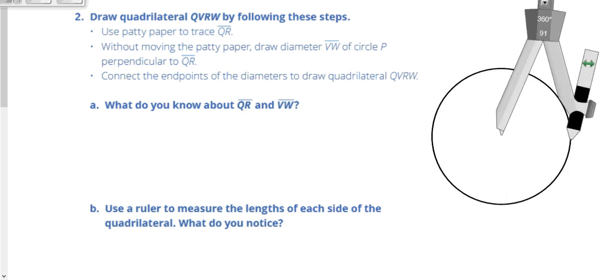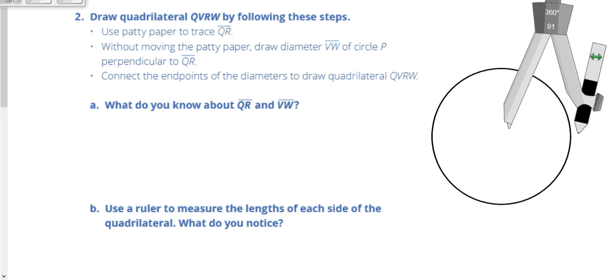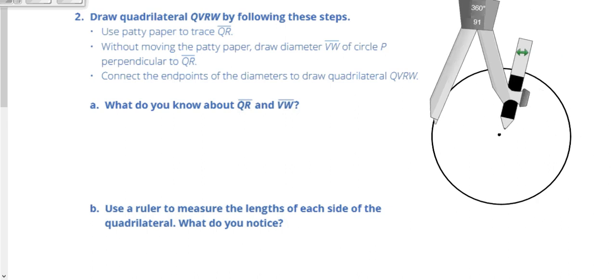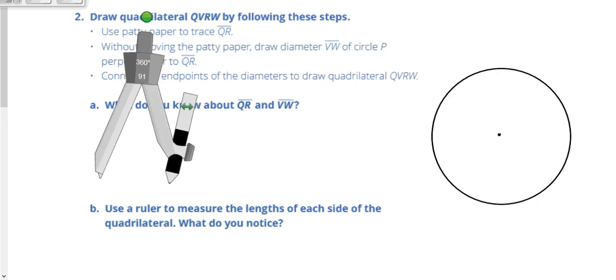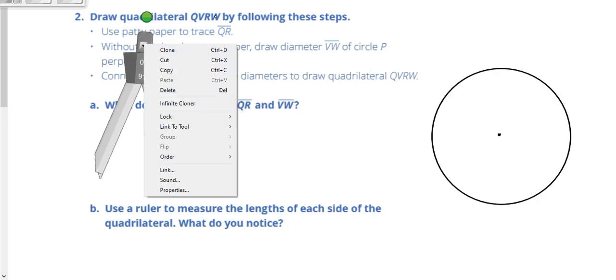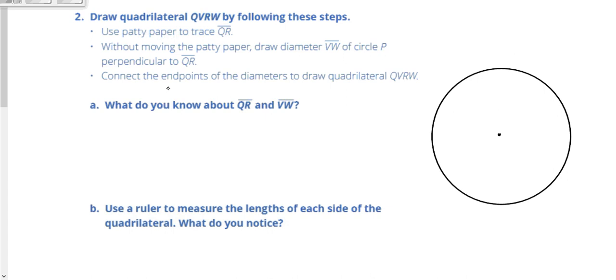Okay, I'm going to go ahead and label my point, my center here. Okay, now I can get rid of this. There we go. All right, so we have our circle with its point of a center.